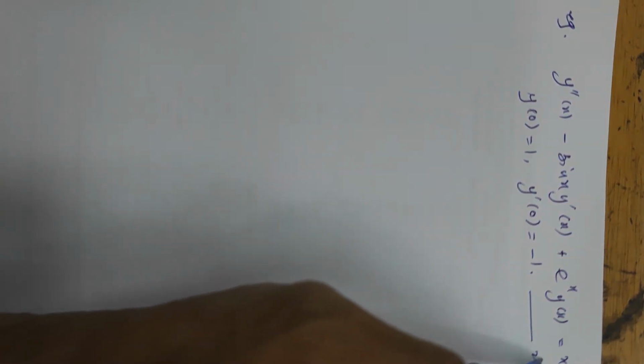Let's call this equation number 1, and this equation number 2. If you still get confused with this, you can refer to my previous video. It's not really difficult, just the steps might be a little bit longer.